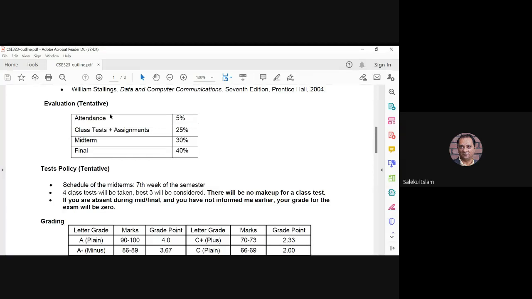If this is the typical distribution, then there will be 4 class tests, 2 before the mid and 2 after the mid. There will be no makeup for class tests, because we are already going to count 3 out of 4.